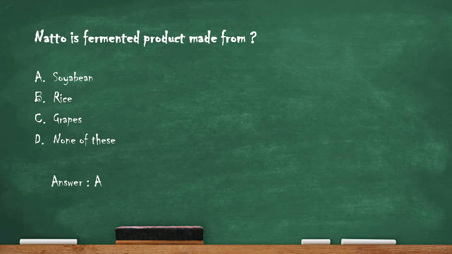Then natto is cooled and aged in a refrigerator for up to 1 week to allow the development of its main characteristics, which results in the formation of vitamins, amino acids, proteins, sugars, fats, minerals, and dietary fibers.